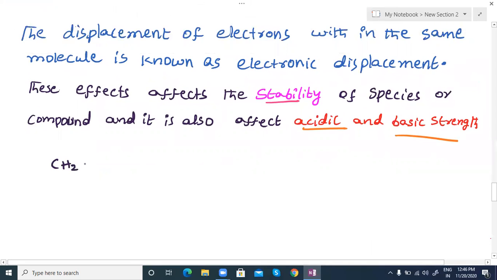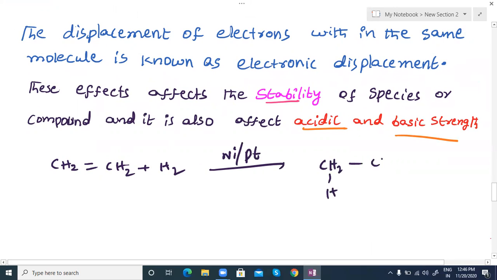One basic reaction is the addition reaction: CH2=CH2 plus H2 in presence of nickel or Pt or Pd. Then we get the product, the alkane, CH3-CH3. We call this ethane. You know that. So the same thing I'm going to take here, CH≡CH plus H2, and we get a product here.